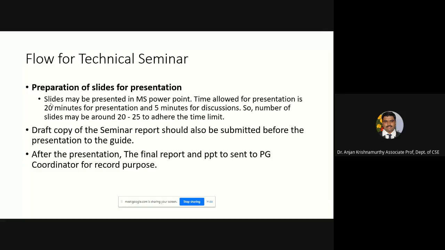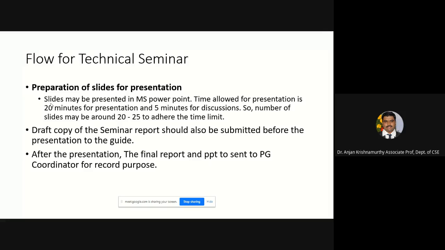Now, once your presentation is ready, you send the draft copy of the seminar report and the presentation to your guides, right? And once your presentation is completed with your guide, you send the final approved copy of your report as well as the PPT to the PG coordinator for record purposes, right?